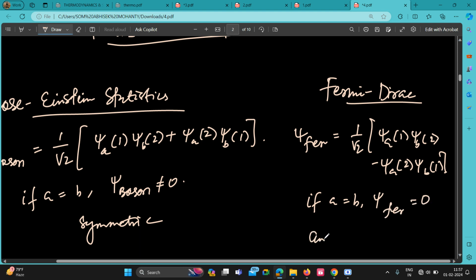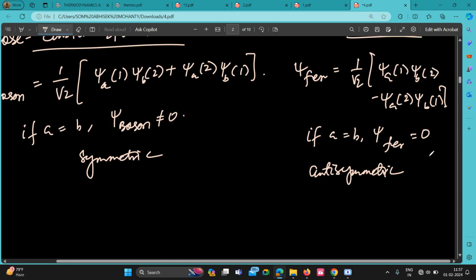This is called an anti-symmetric wave function, there is a minus sign in between. Here spin is 0 or integer, integral spin. But here spin is odd integer, half odd integer.